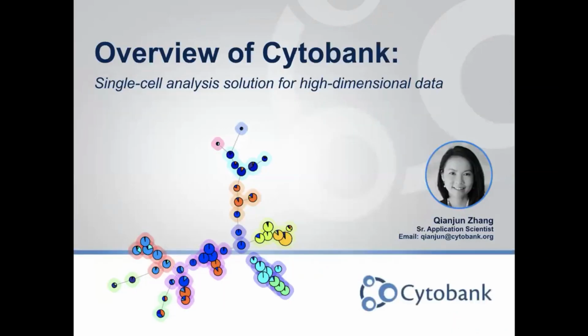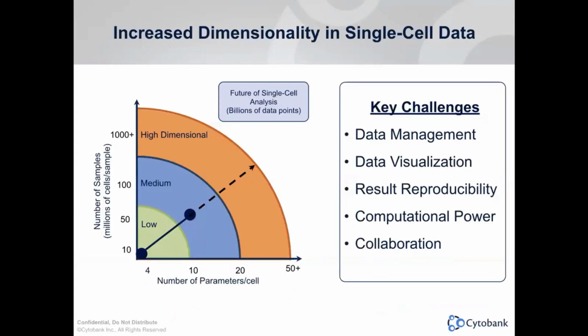For those who are not familiar with Cytobank, it's a cloud-based single-cell analysis platform for high-dimensional data. Nowadays, with the advancement of technology, we are able to measure many parameters simultaneously on a single cell level.